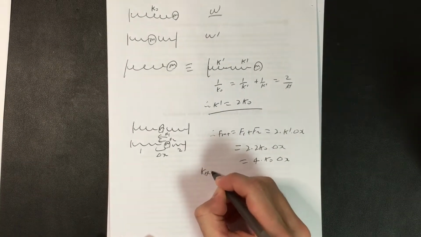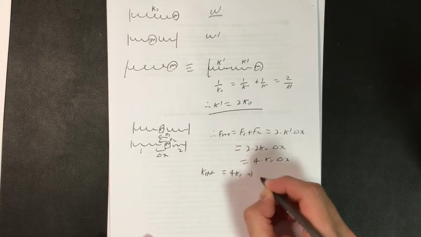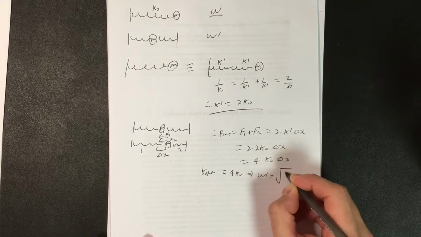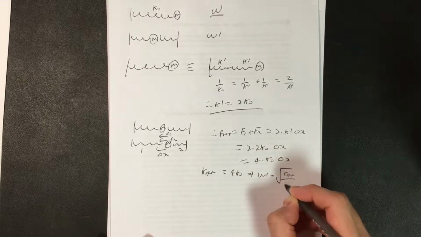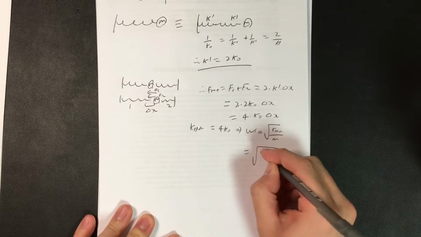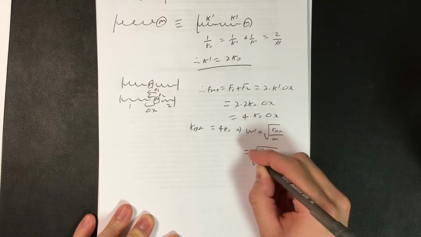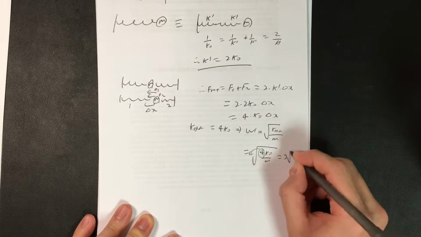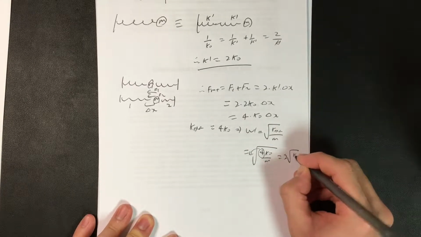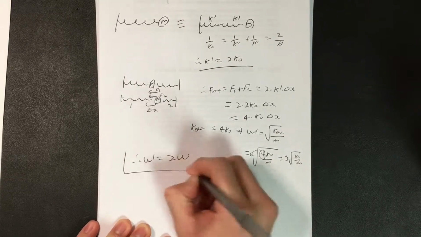Therefore, the effective spring constant equals 4 times k naught, which means omega prime equals the square root of k effective over the mass, which equals the square root of 4 times k naught over m. Taking out the square root of 4 term, this equals 2 times the square root of k naught over m. Therefore, omega prime equals 2 omega.